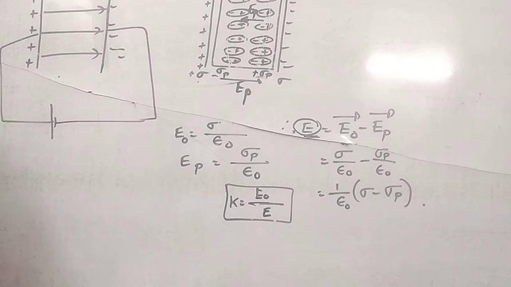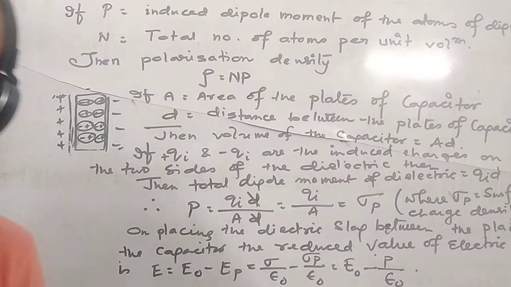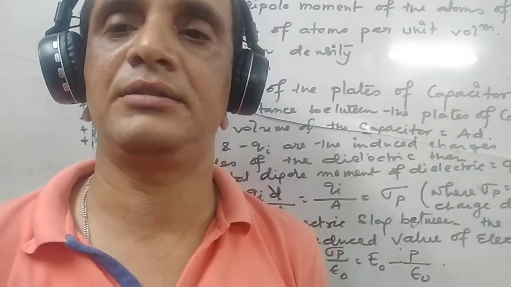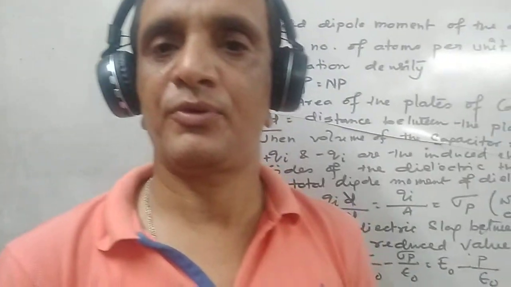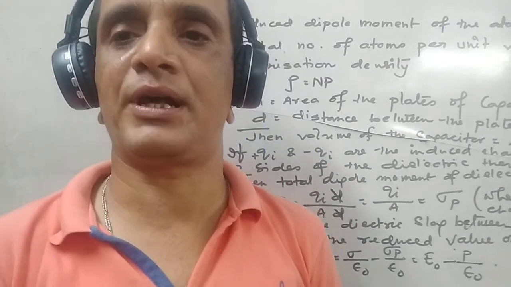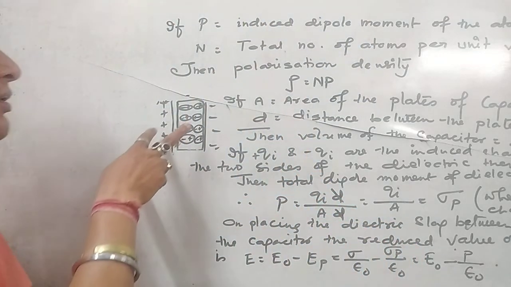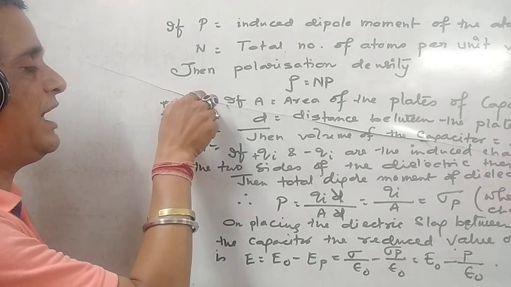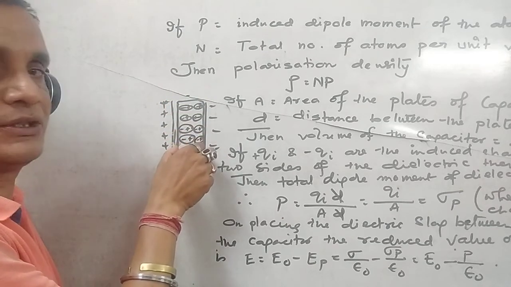Clear? Now we come to the next topic, polarization density. How can you define it? We have a capacitor, and in between the plates, when a dielectric is placed, what will happen?